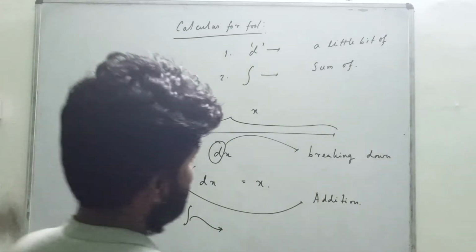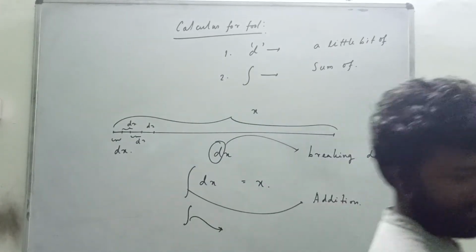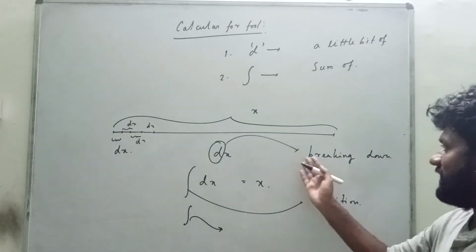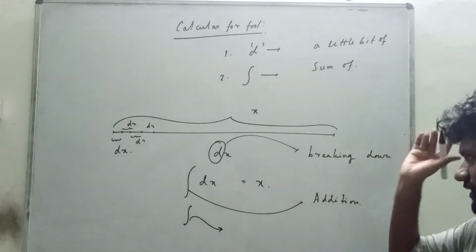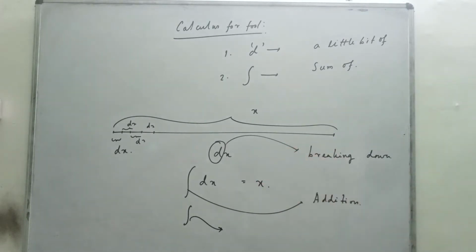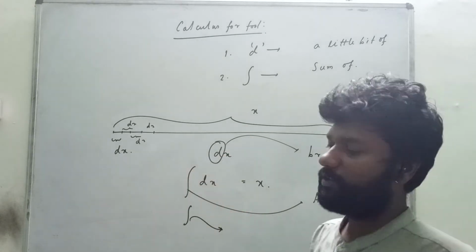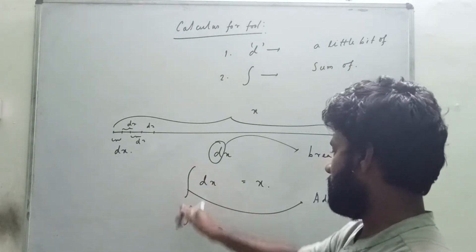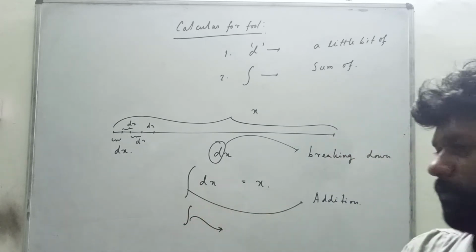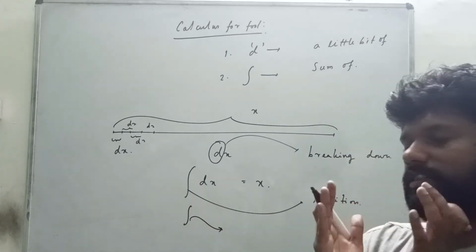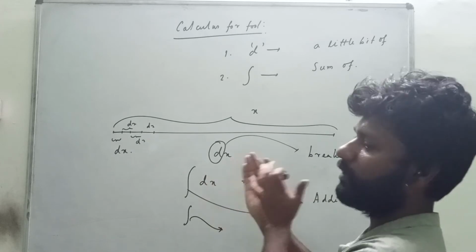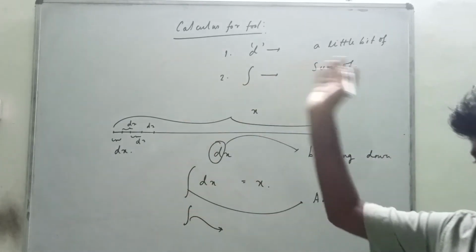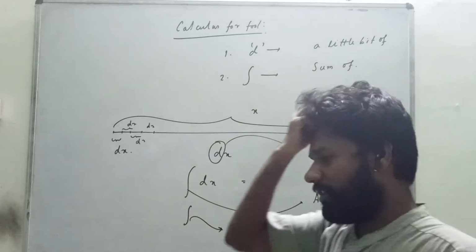Of course, this is a reverse process. The action of d takes something very large and breaks it down into very small parts, and this symbol means we add these small parts one by one to get the whole thing.